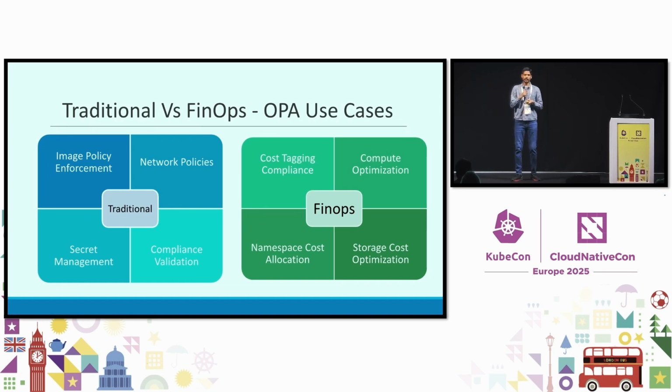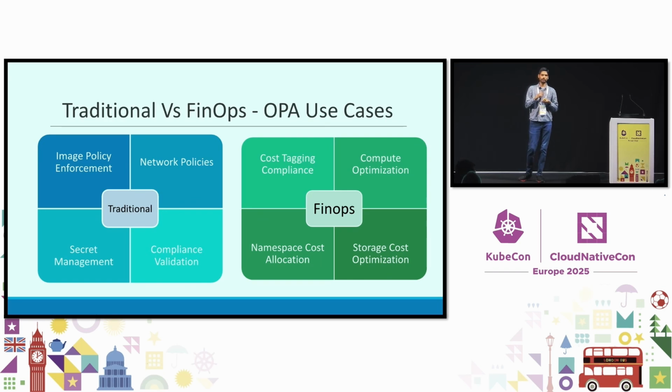And then for FinOps, here I'm trying to say we can add tagging to meet compliance, and then compute optimization. Whenever a user is trying to provision resources, you can check if those resources are compliant, and whether you are allowing those particular resources to be utilized.